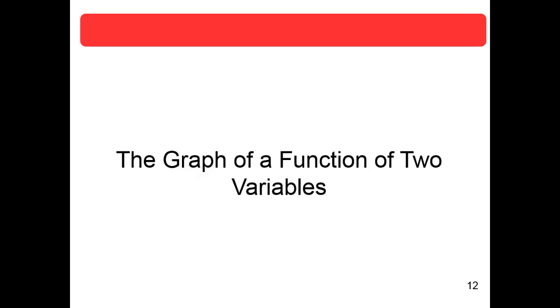What would that be? This is on page 872. I didn't notice this because I haven't flipped the page over. See the little exploration in the side? Great. Okay. What would be the graph of z is equal to x squared plus y squared?